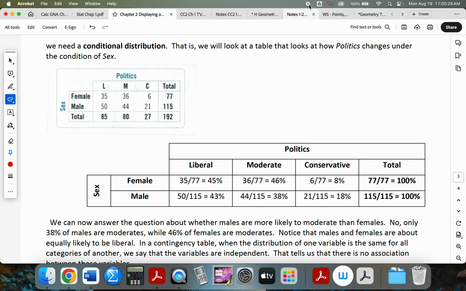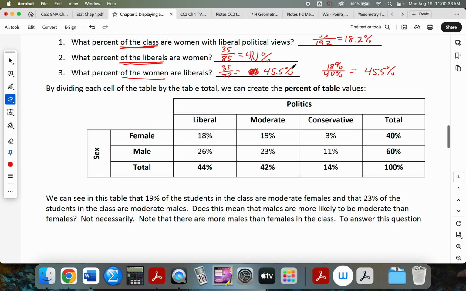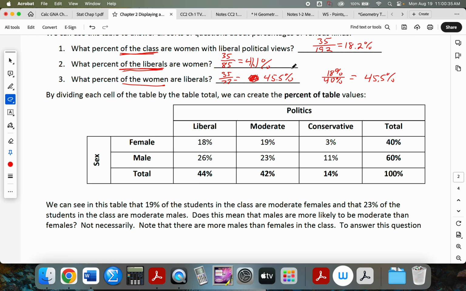Wait, I have a quick question. Yes. So you said 18% over 40%. When I put it in my calculator, I get like 0.45. Got to move the decimal two places to change it to a percent. Oh, I multiplied by 100 and I still get 45%. How do you get that last 0.5? I'll show you later. If you do 18 over 40, it's probably because, as I said, you lose some accuracy.